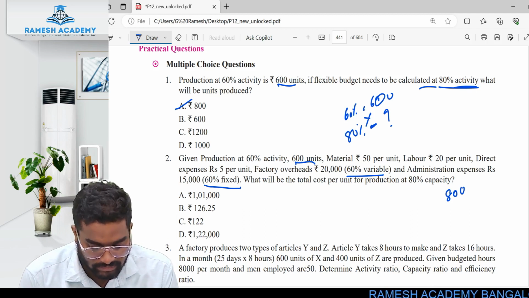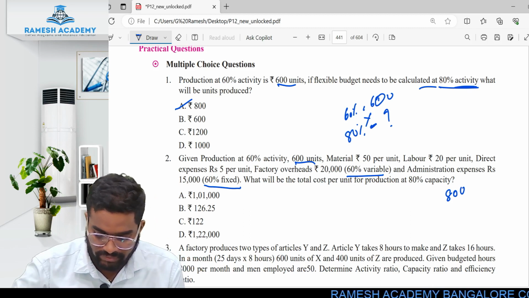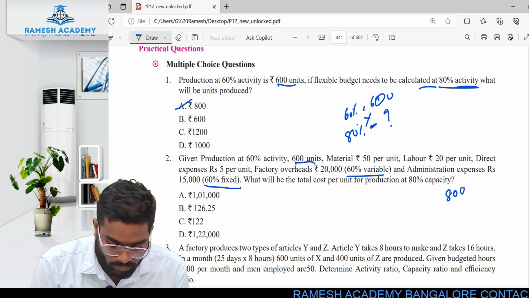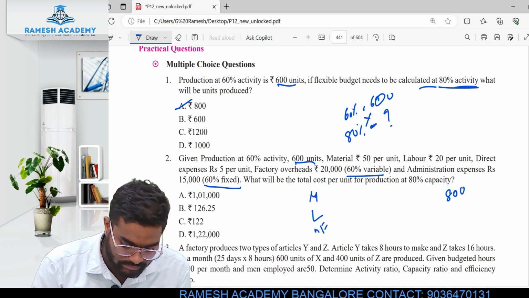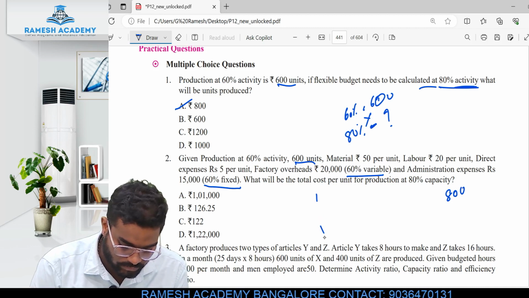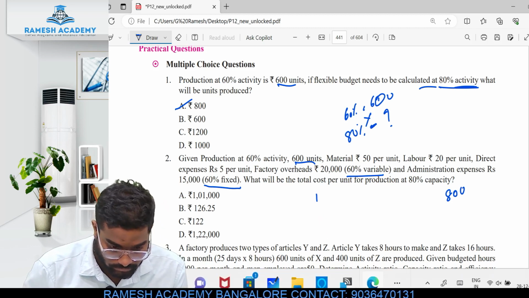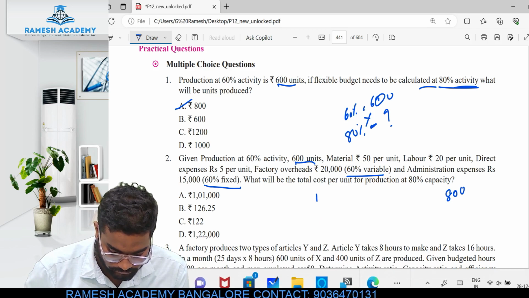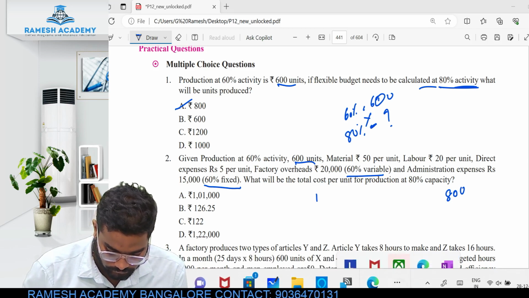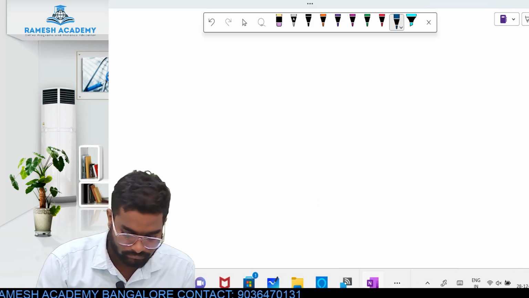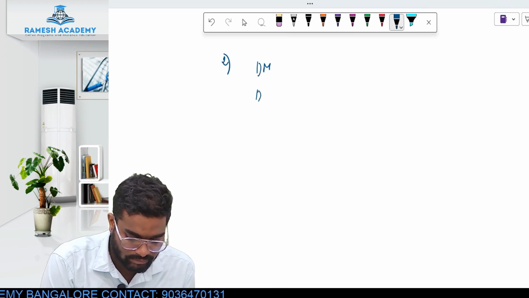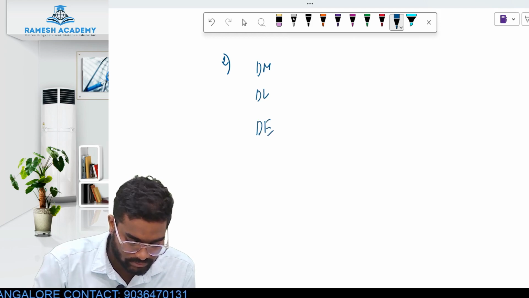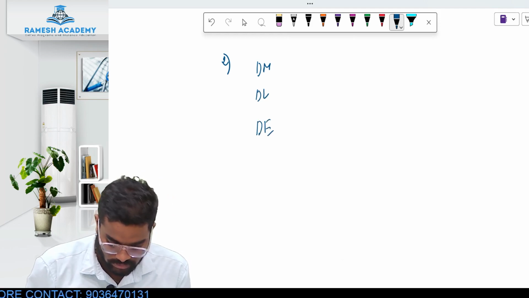First we will calculate the material cost. First I'll write direct material, next direct labor, then direct expenses.